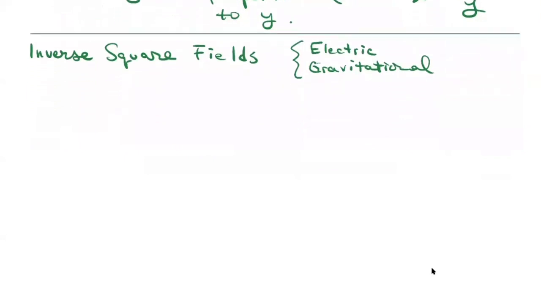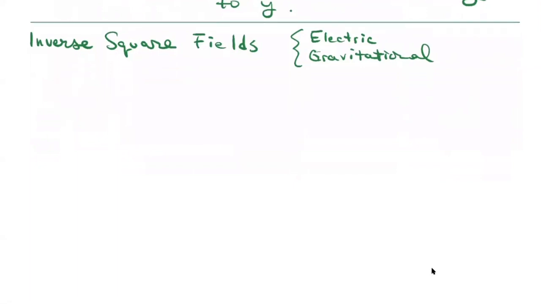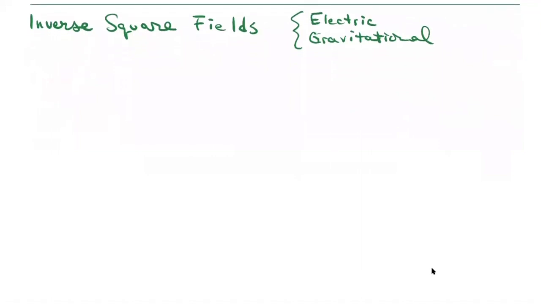Of course, light intensity diminishes with the inverse of the square of the distance to the light source. Sound intensity as well. These all would be inverse square. But the main fields in physics with the inverse square are the electrical and gravitational fields.